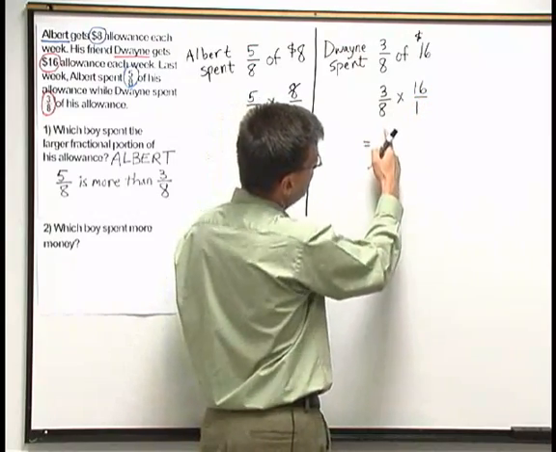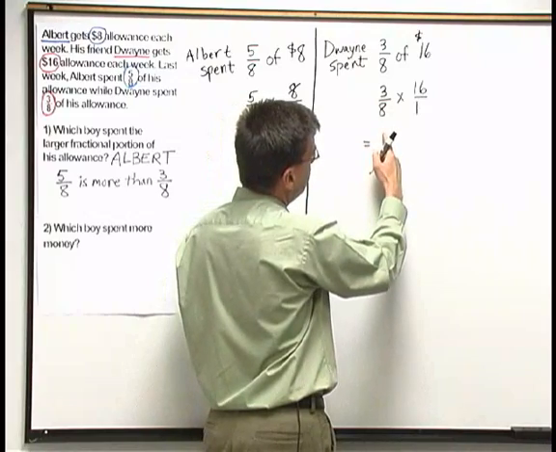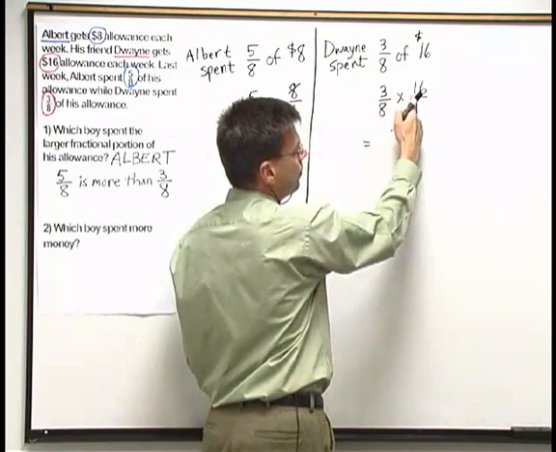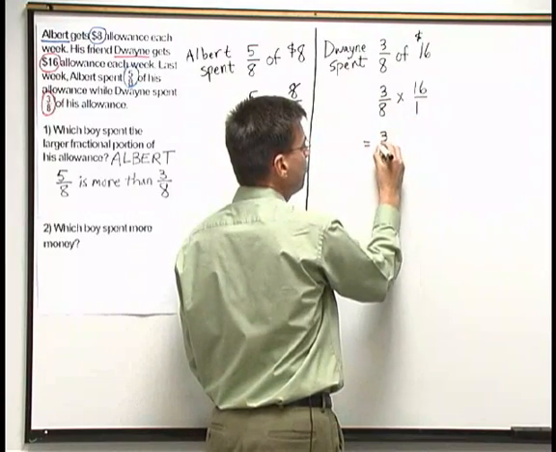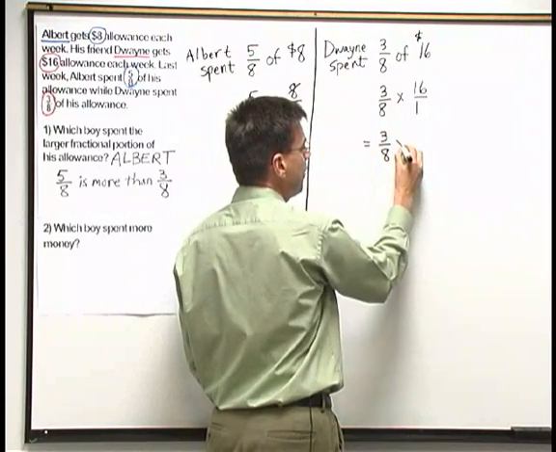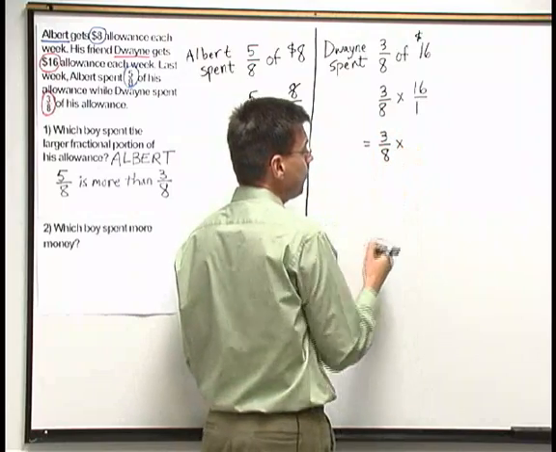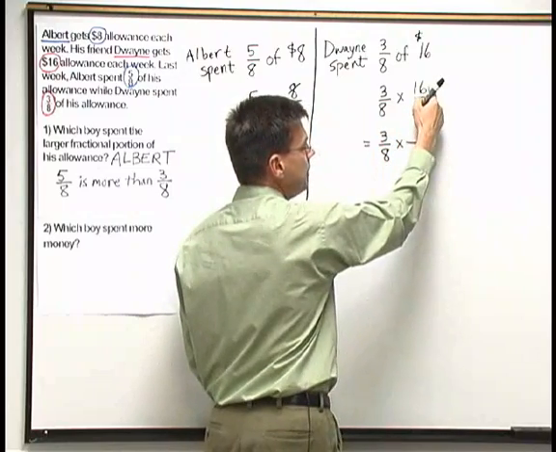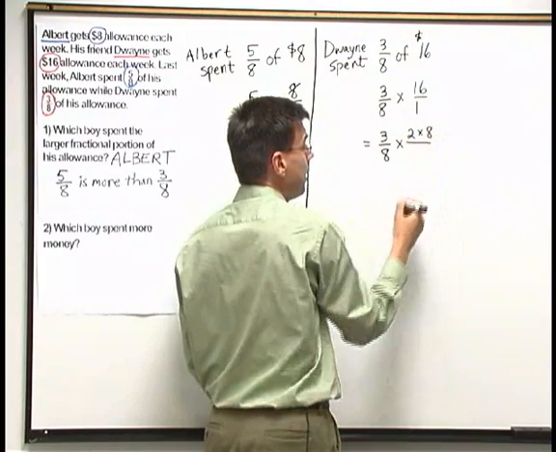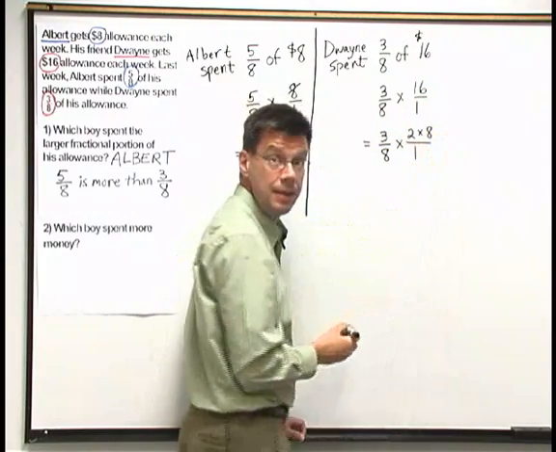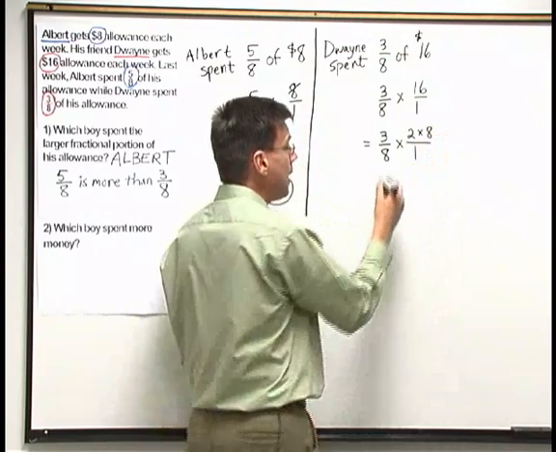Now I can do some canceling here. In fact, because 8 goes into 16 2 times, I'm just going to recopy the 3/8. I won't break down the 8. The 16 I'm going to rewrite as 2 times 8. I will break that down. I can see that I'm going to be able to cancel that 8.